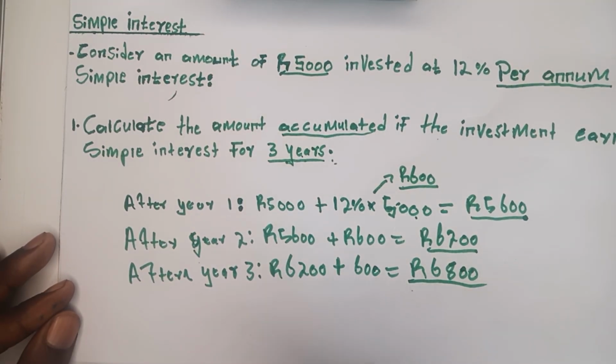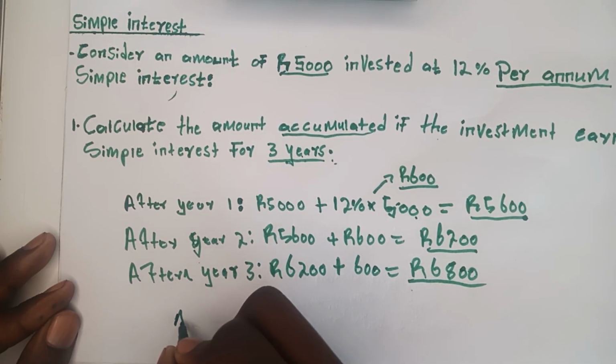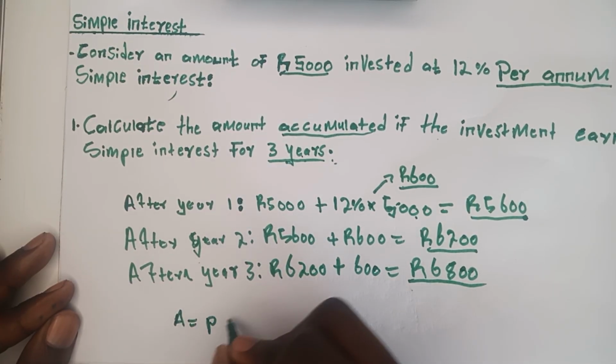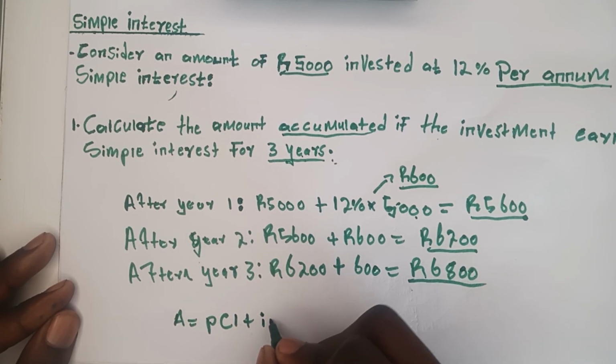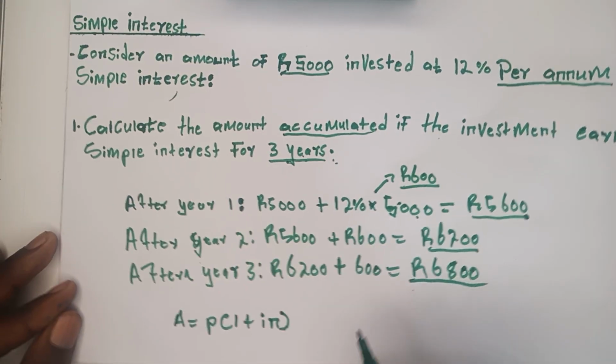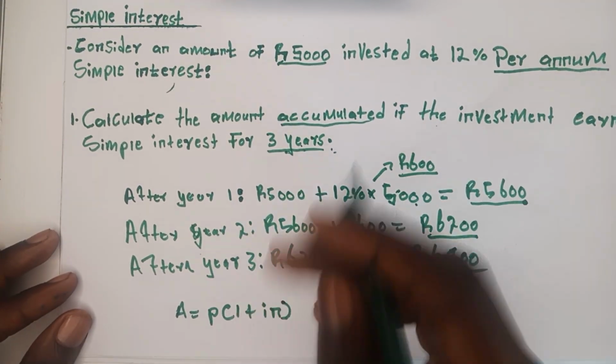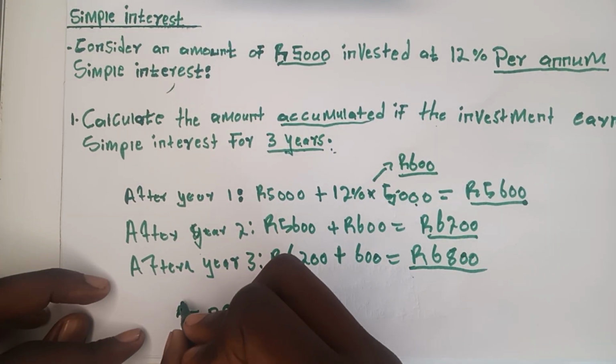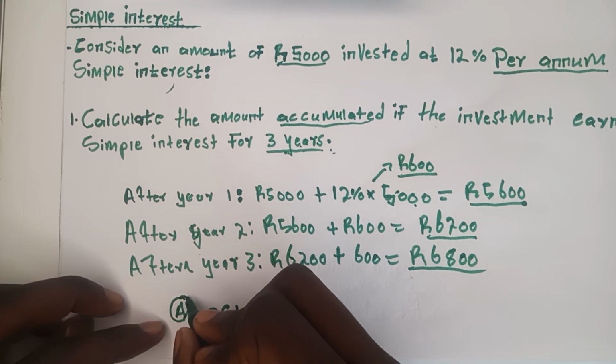So it states that in order to calculate the accumulated amount, A is equal to P(1 + i × n), and then we just close the bracket here. Let me interpret this formula. This value of A represents the amount that will be accumulated after a certain period of investment.